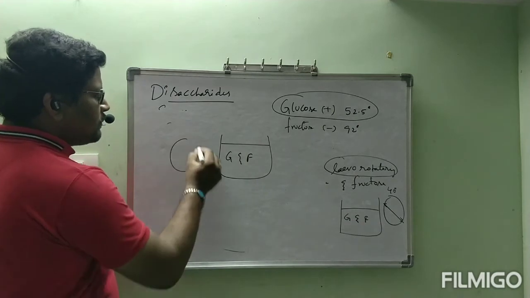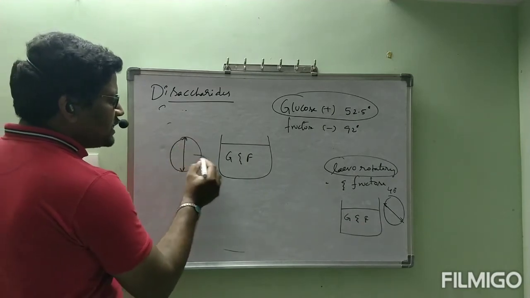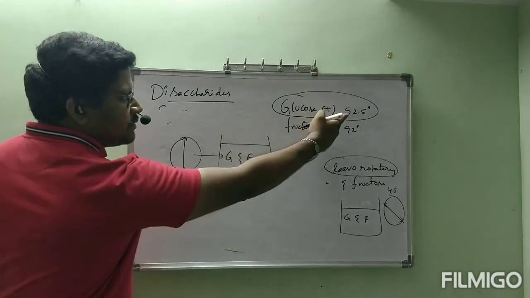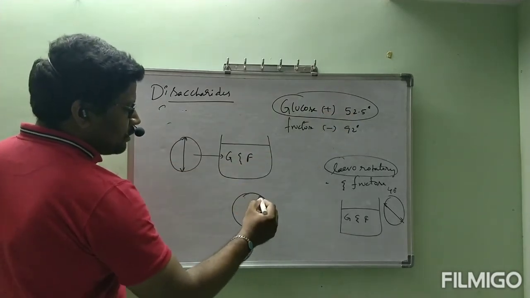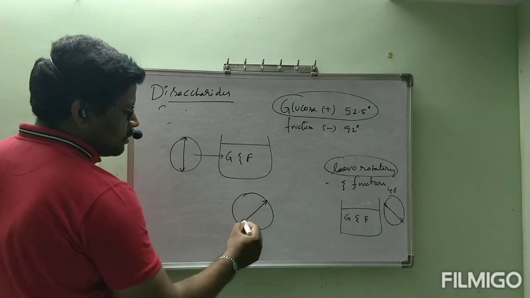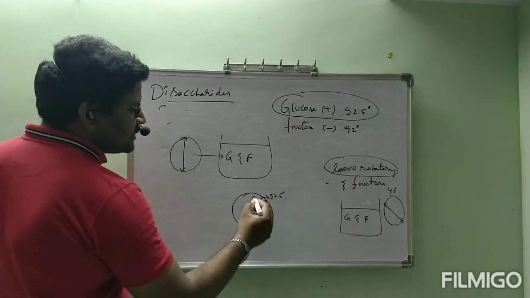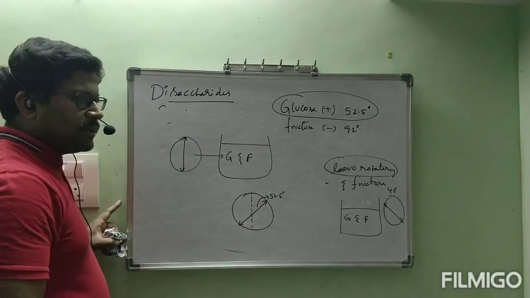This is plain polarized light. If it first touches glucose, it will be turned towards the right side with an angle of 52.5, with this axis as center.